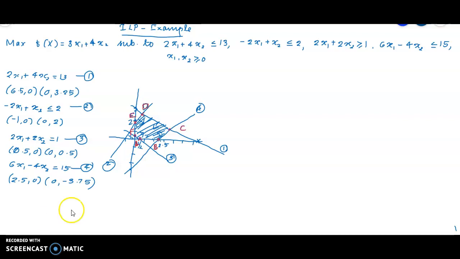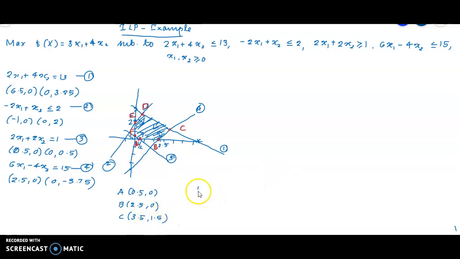Then we can find the coordinates of A, B, C, D, E, F by intersecting the lines. A is clear: A is 1 by 2, 0, that is 0.5, 0. B is 2.5, 0. C, by solving 4 and 1, you get 3.5, 1.5.